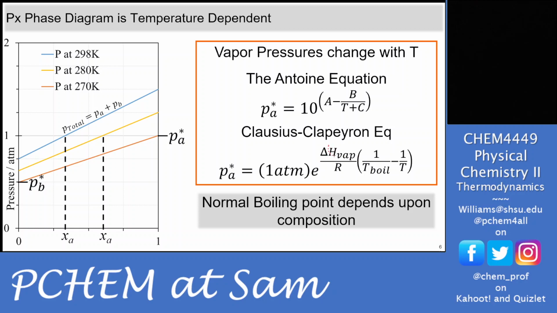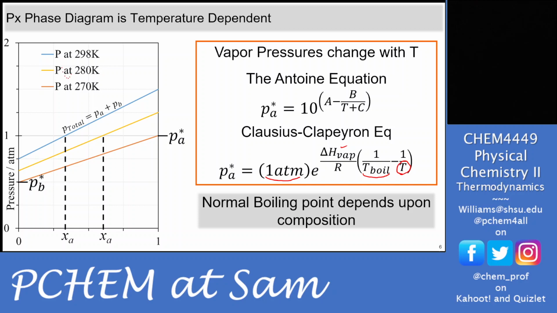So if I know the enthalpy of vaporization, and I know the boiling point, so that's the boiling point for that liquid. At the normal boiling point, the vapor pressure is 1 atmosphere. And so here's my pure vapor pressure as a function of temperature. I need to know the boiling point and the enthalpy of vaporization. I can look those two things up, and then I can calculate the pure vapor pressure at any temperature.